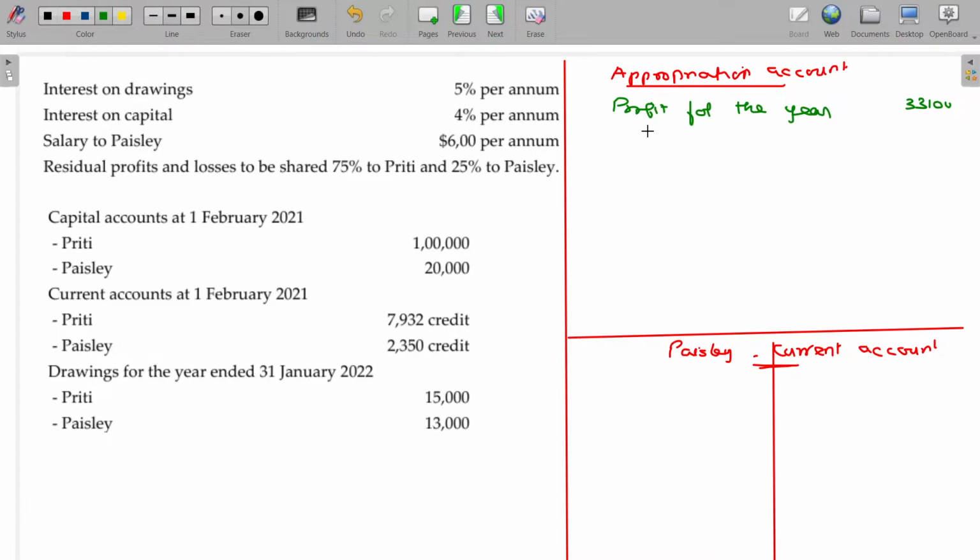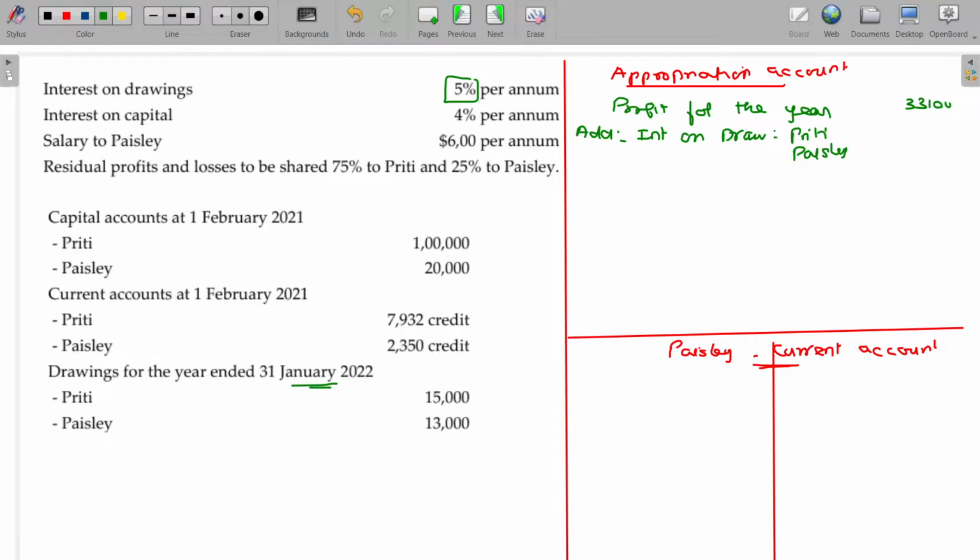And you have to add interest on drawings, interest on drawings for Preeti and Paisley. Interest on drawings recovered at the rate of 5%.